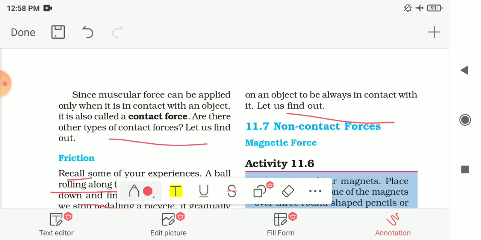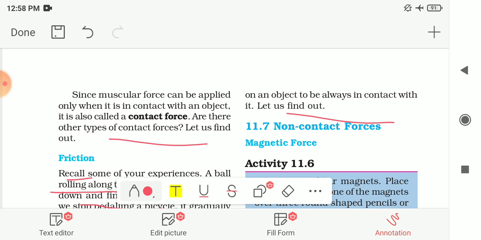So here our contact forces get over. In that we had seen two examples, that is muscular force and frictional force. In muscular force we had seen that we apply the force because of the action of muscles in our body, and for the muscular force, the contact should be there between our hand and the other object on which we want to apply the force.